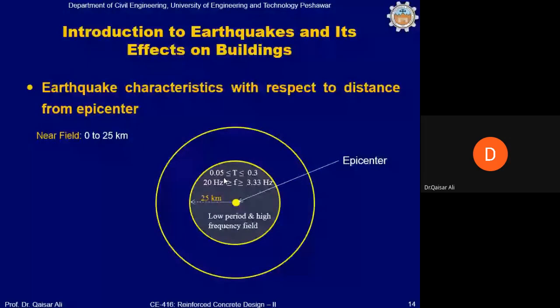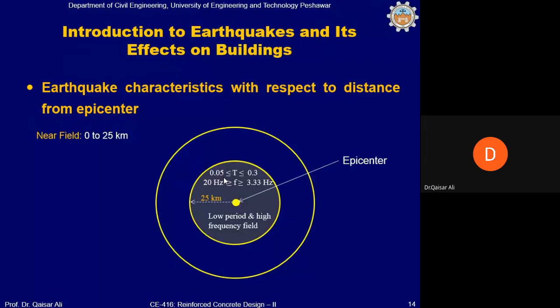These are the three characteristics of earthquake waves within this 25 kilometers. This 25 kilometer radius zone is called the near field zone, and the earthquake characteristics are different in the near field zone than in the zone which is farther than 25 kilometers.